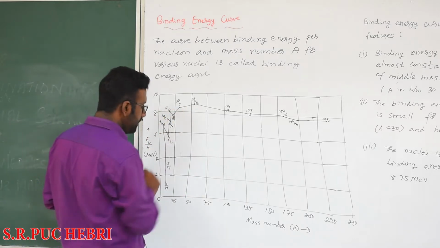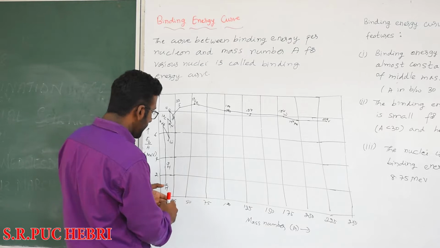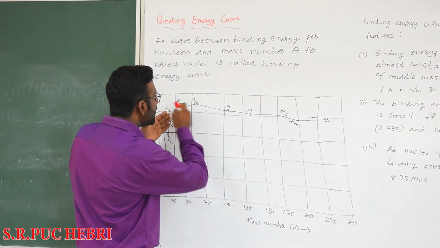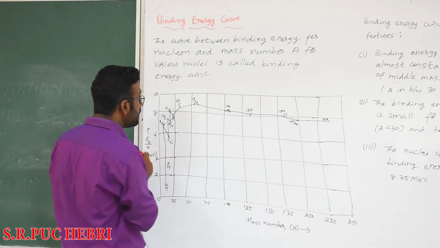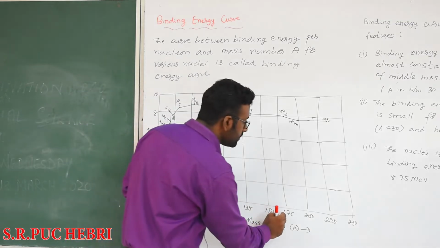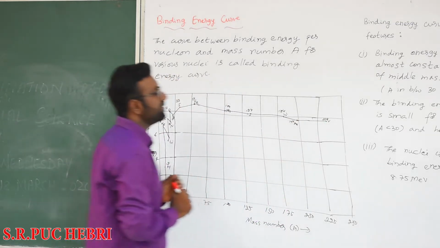Then, from 30 to 170, the binding energy per nucleon is nearly the same. After 170, it decreases again.